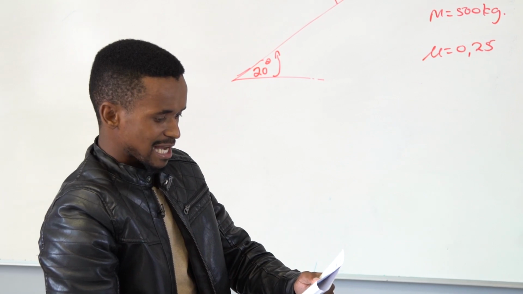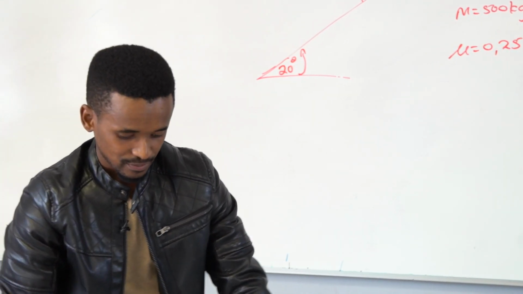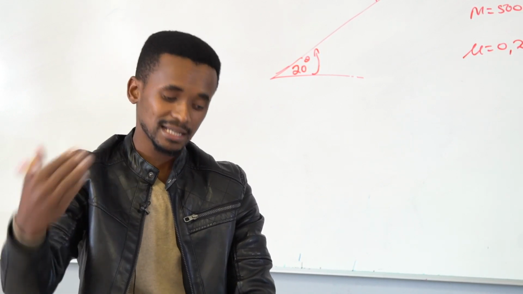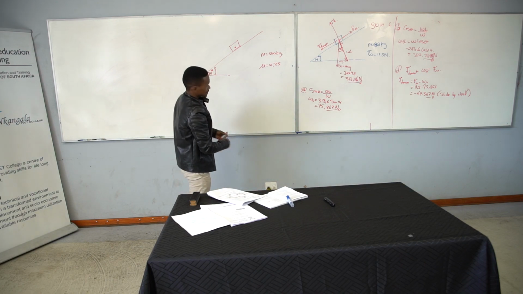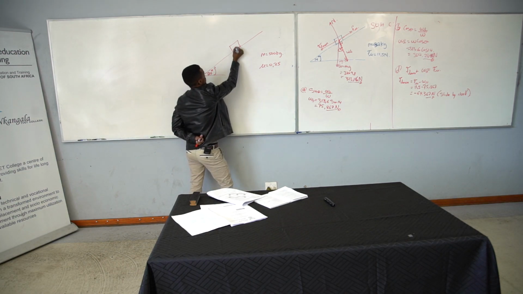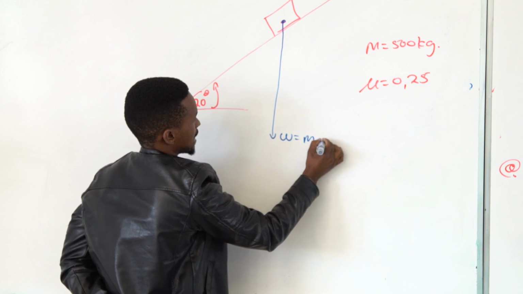And then now we were asked to calculate the component of the weight that is perpendicular. That is number 1 for 2 marks. The component of the weight that is parallel, and then the friction. Okay, let's analyze our diagram. We know that we're going to have weight, mg.